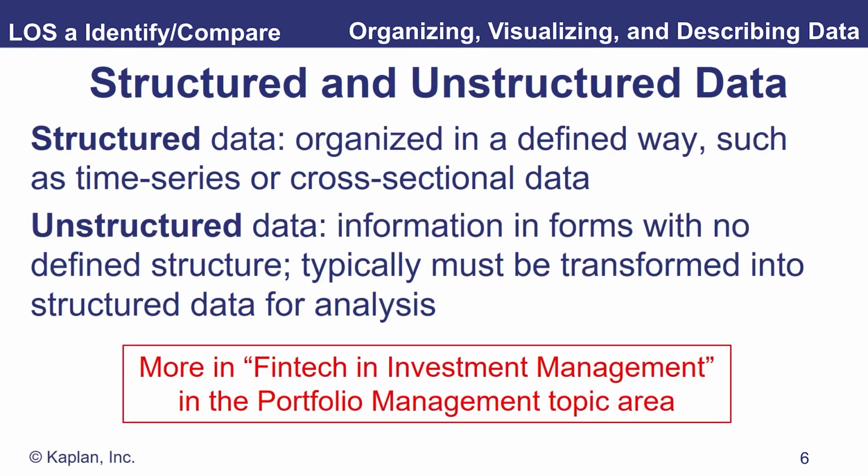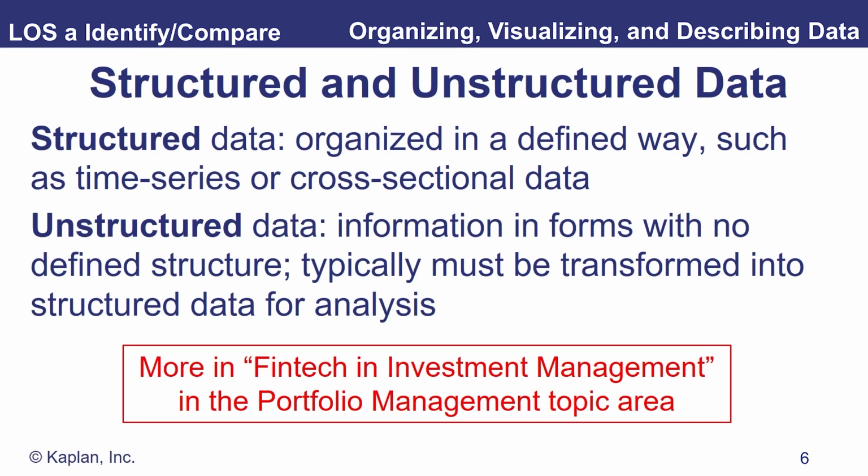We then turn our attention to structured data and unstructured data. Now, our key with structured data is that it's organized in a defined way. In other words, specific data is stored in a predetermined format. Think databases, spreadsheets, tables. The key is that it is clearly defined and structured.